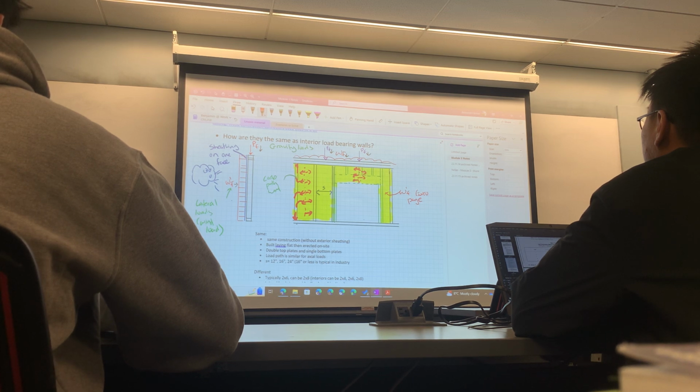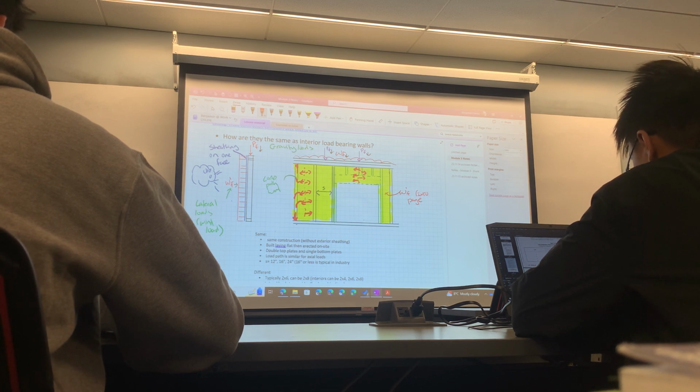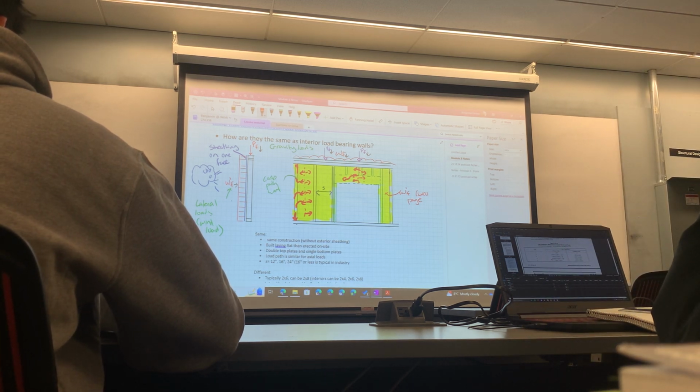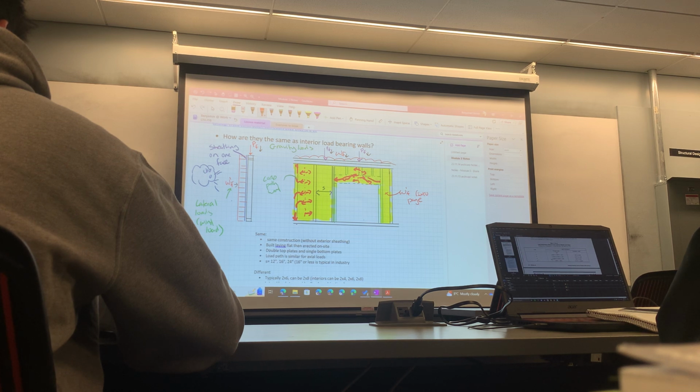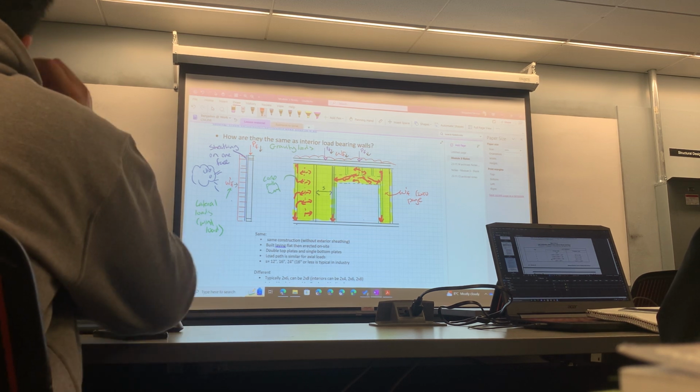Now when you're at an opening, you've got this load path here, but it has nowhere to go because this is an opening, so it goes into the header. And then when it goes into the header, it goes into the king stud, and into the floor system via the king stud.